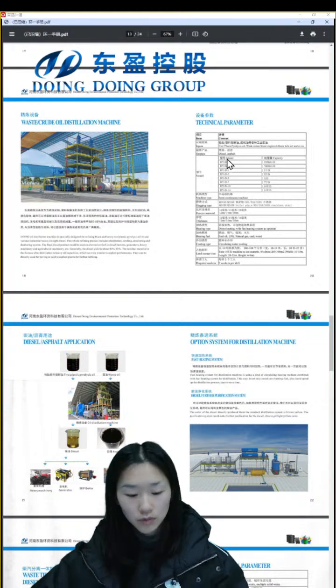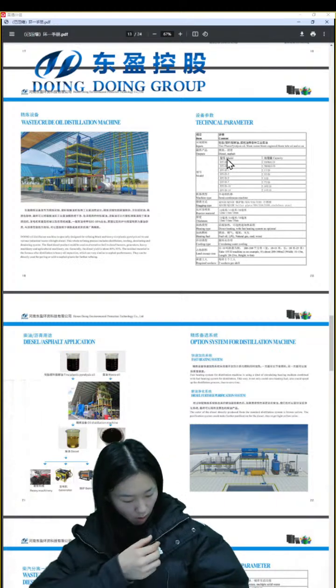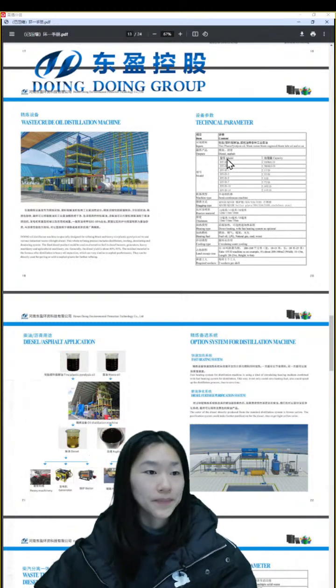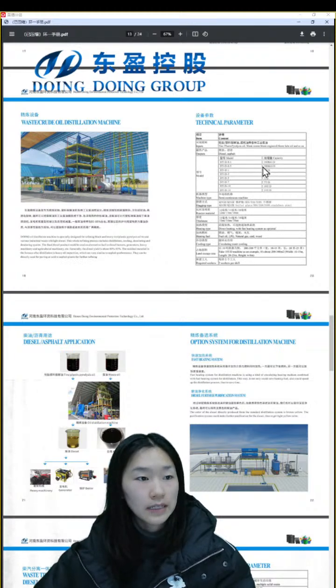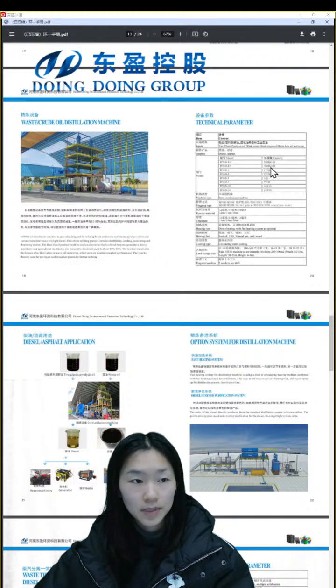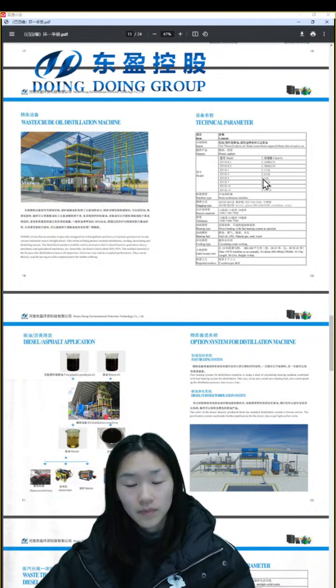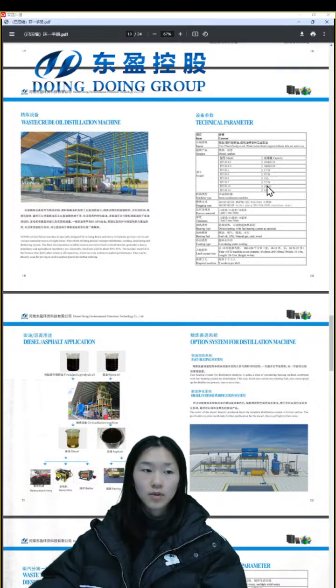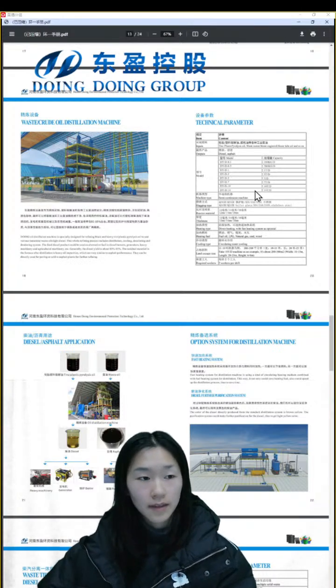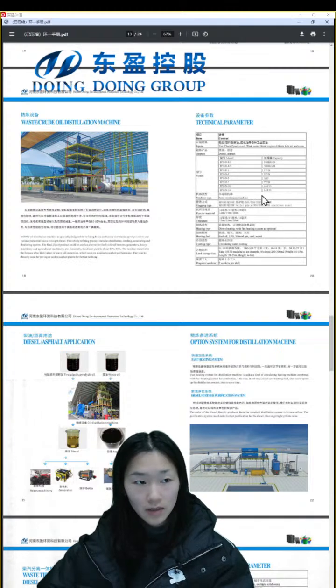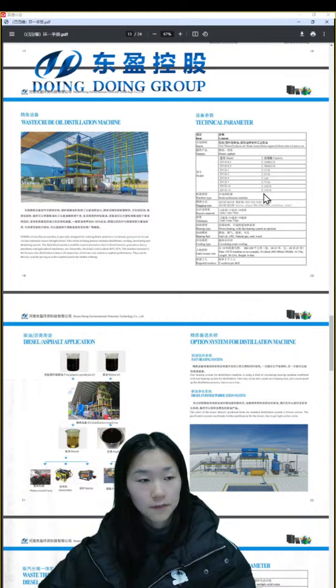To know the models of this distillation machine, there are 100 kg per day, 500 kg per day, 1 ton per day, 5 tons per day, and 10 tons per day. The biggest capacity is 14 tons per day.